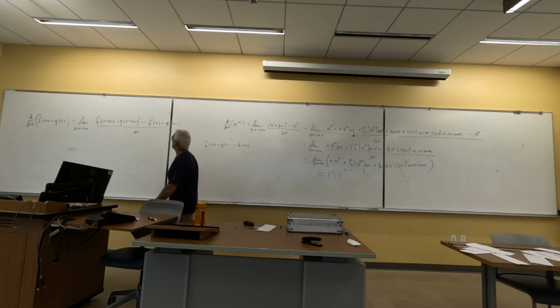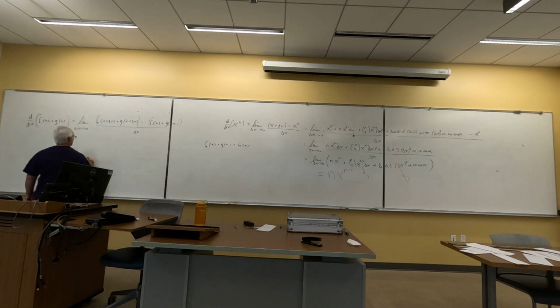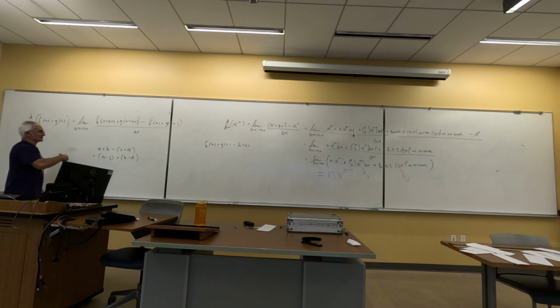Wow, this looks so big. Let me ask you, if I have a plus b minus c plus d, could I write that as a minus c plus b minus d? Could I do that? If I just wanted to start throwing things around. Would that be legal to do?